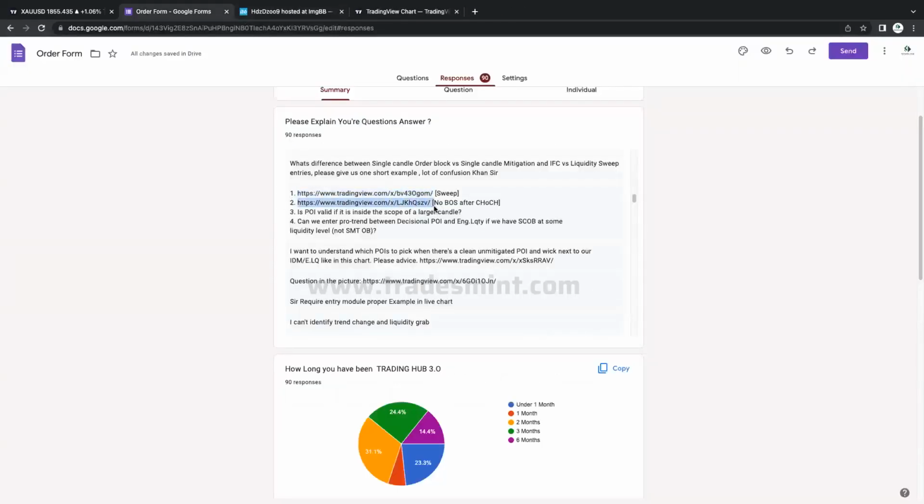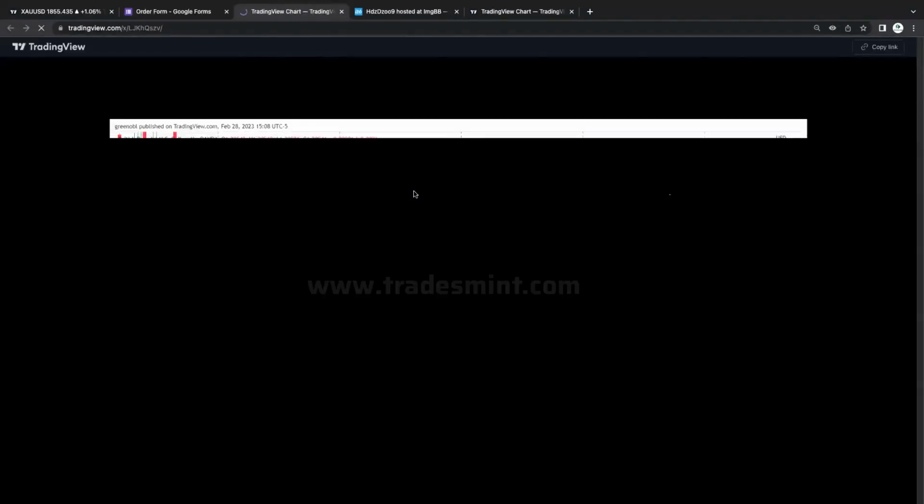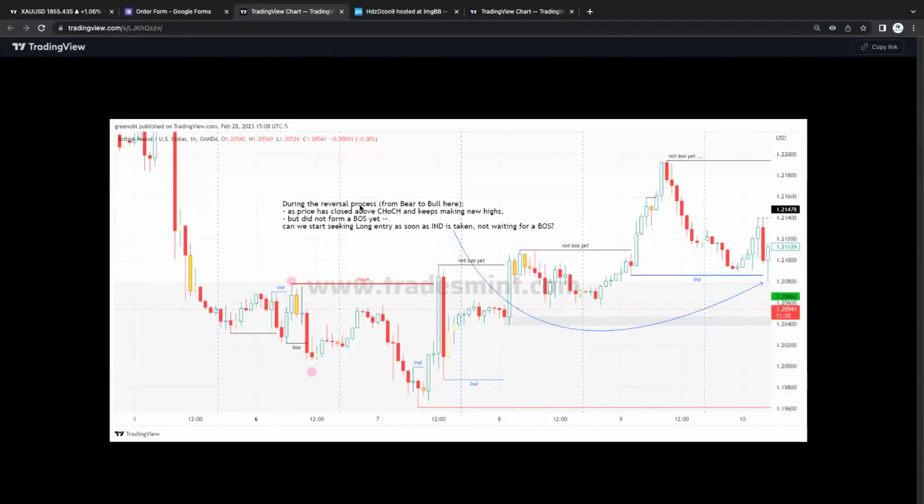The next question is here. During the reversal process from bear to bull, if price closes or chops, keeps making higher highs, can we start making long trades after taking it? Yes, sir. Chop, no boss, yes, sir. So this is a chop, and then it takes out the inducement. Why not this boss? This boss is a confirm because the previous inducement was taken out.